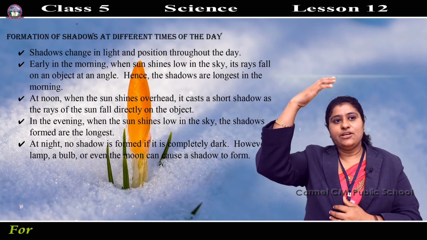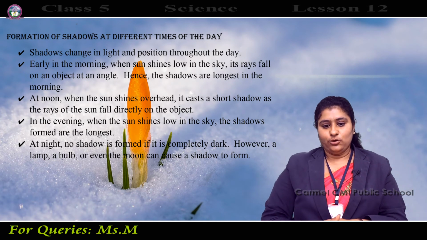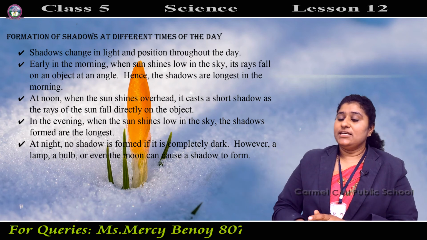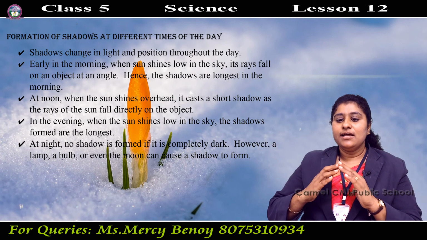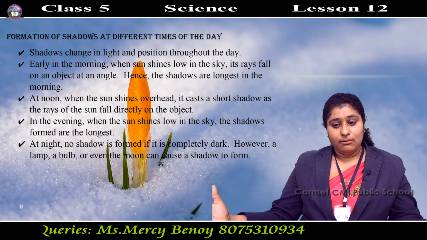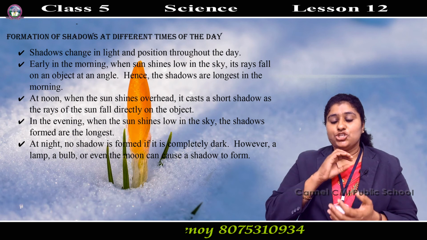The sunlight falls directly on the object, so we get a short shadow. And in the evening time, when the sun shines low in the sky, the shadow formed is the longest. So morning and evening you get the longest shadows, but in the noon time you get the short one.